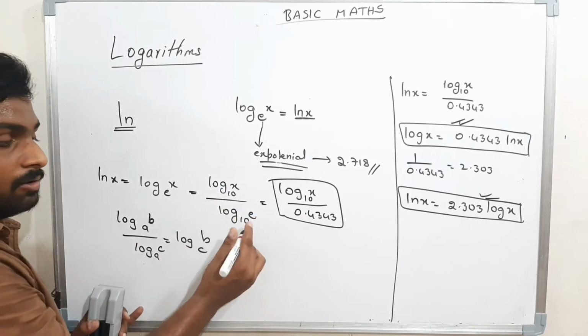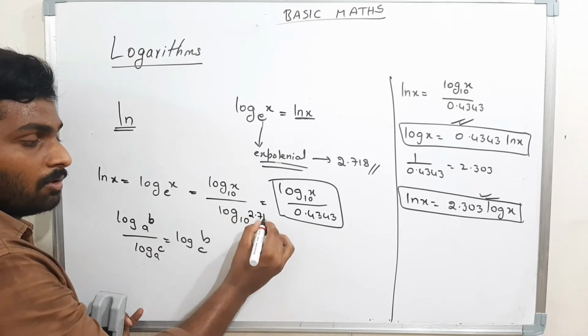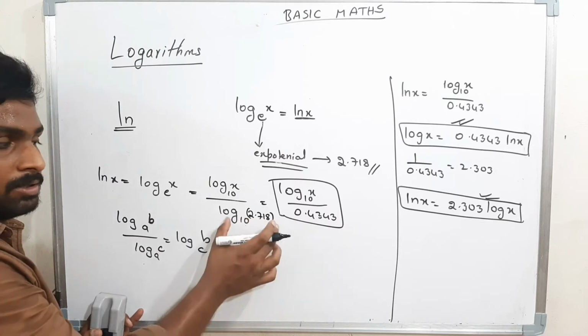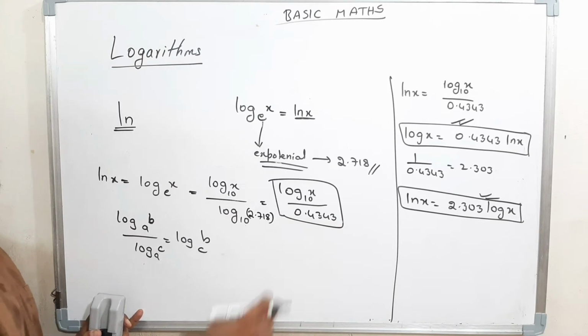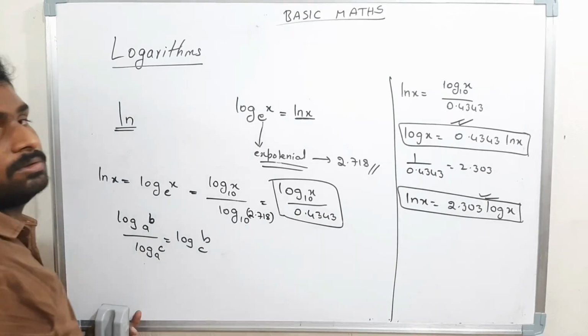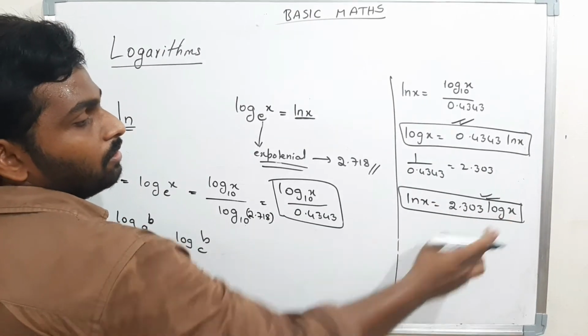Instead of e, I can write 2.718. Understood? If I find this value, I will get 0.4343. 1 by 0.4343 is nothing but 2.303. Therefore ln x is equal to 2.303 log x.